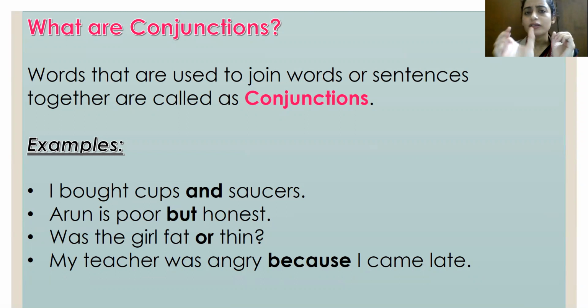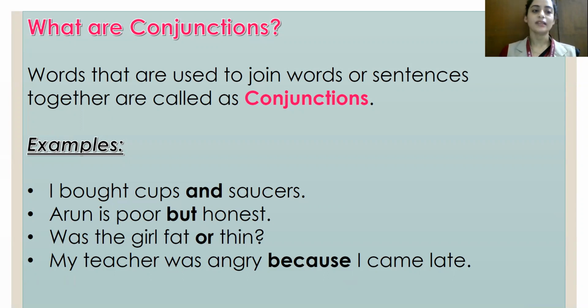Children, if you look at the word conjunction, it has the word junction in it. And what does junction mean? The meeting point. So in grammar, we use conjunctions as joining words. They not only join words, but also join two sentences.